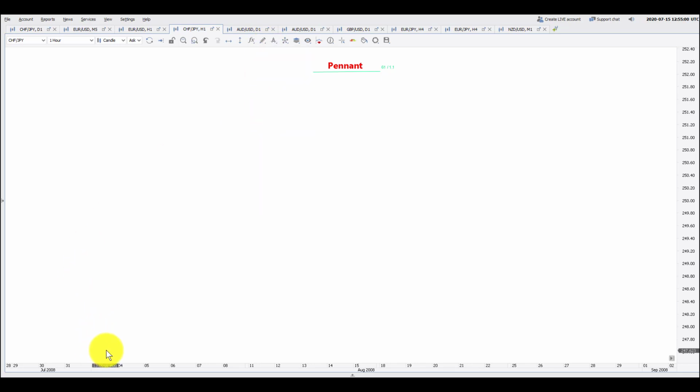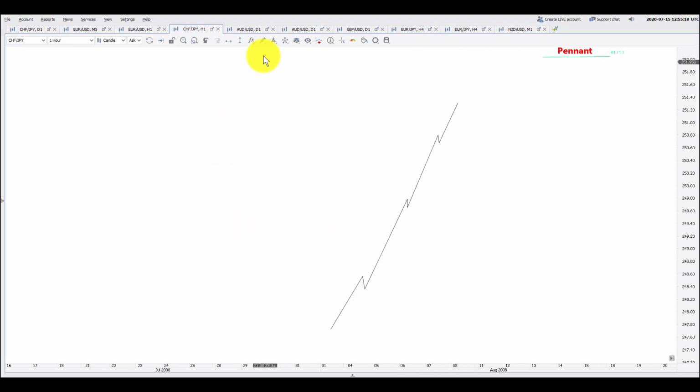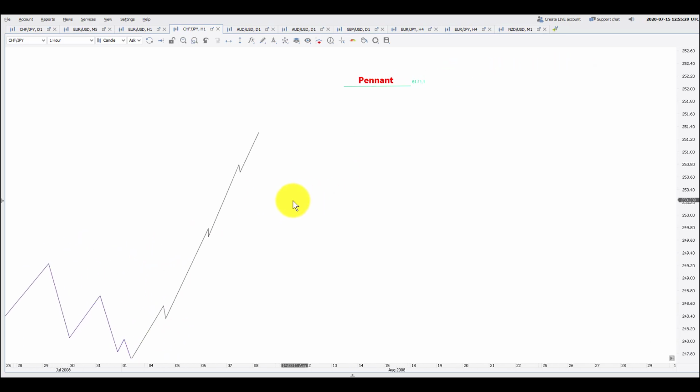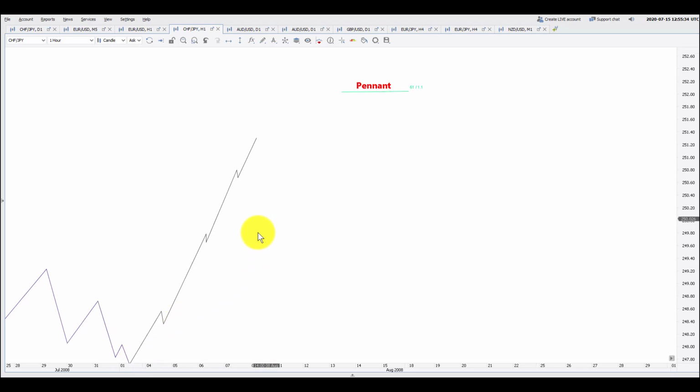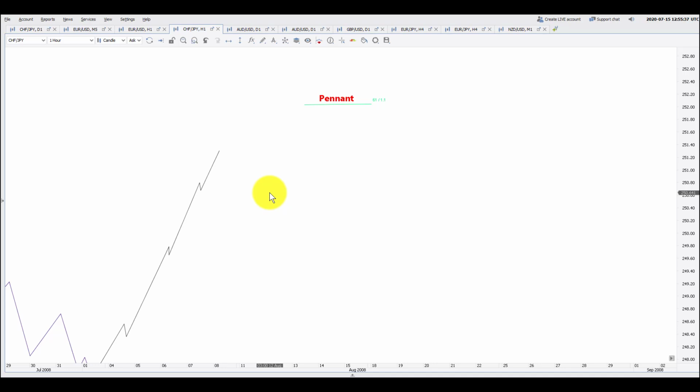If the security or the currency pair which you are watching has moved very fast in one direction, only in 3 to 4 candles or 5 to 6 candles, then that is called a very sharp move, as compared to if the security was trading in the previous time like this, and then suddenly it started moving up. So this is called a sharp move upwards. This is the first requirement for a pennant to form.